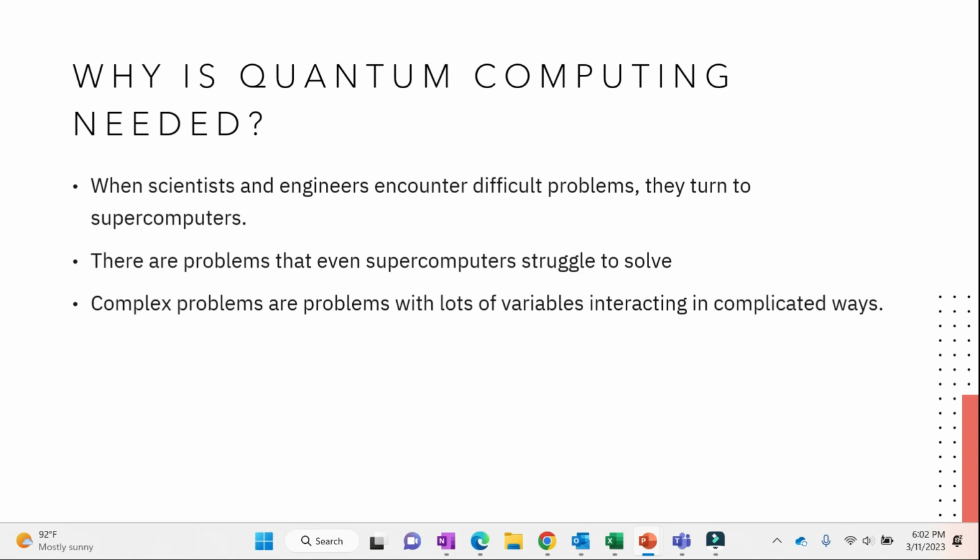Those are complex problems which have a lot of variables interacting in a complicated way. In a few minutes, we'll look at what those problems are. But essentially, the problems that are very complicated even for supercomputers are where there was a need for quantum computing, and people started to turn towards that. So that was the need.